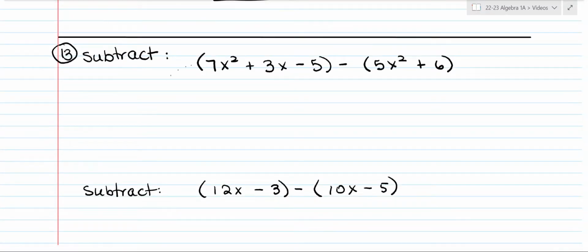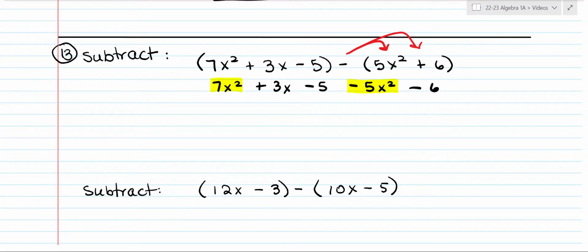Subtracting. So the difference here is that you have to distribute the negative sign. It's like multiplying by negative 1. So then you have 7x squared plus 3x minus 5 minus 5x squared minus 6. And now you go fishing for like terms.